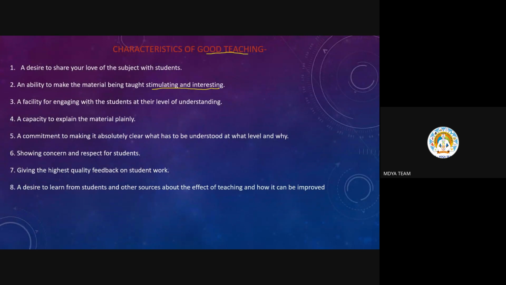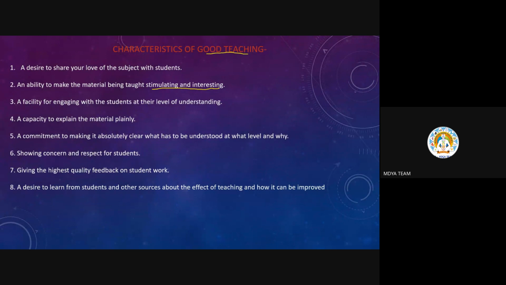If the teacher is showing you merely the facts, and is not doing anything for the involvement of the students in the class, the class will be boring and the learning may not happen to the extent that it should.